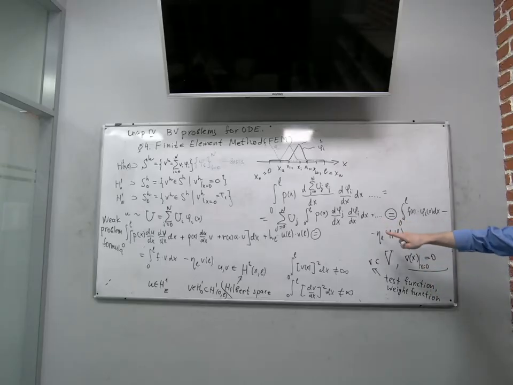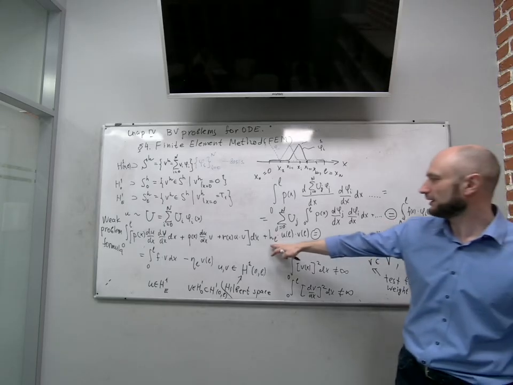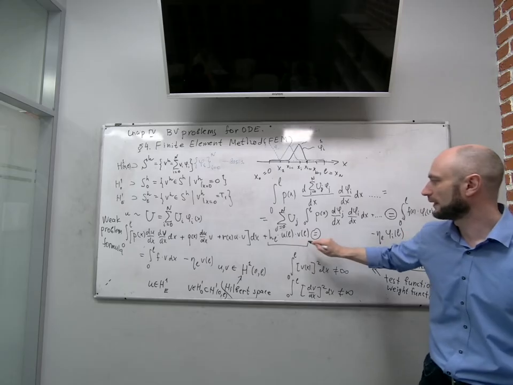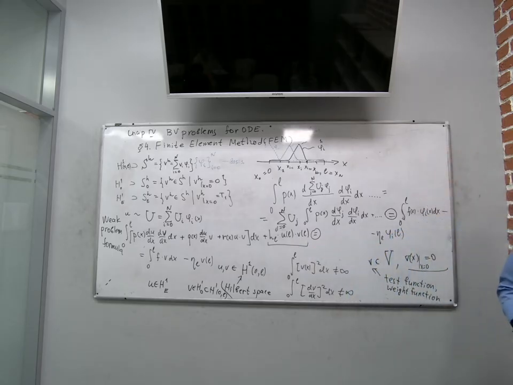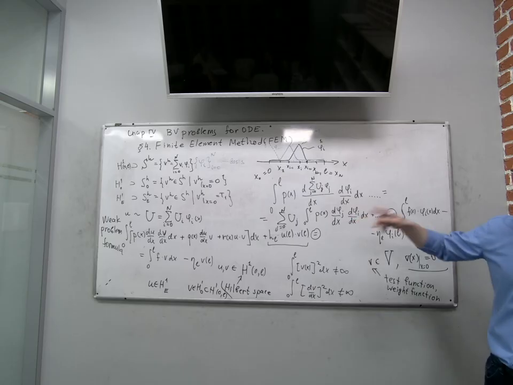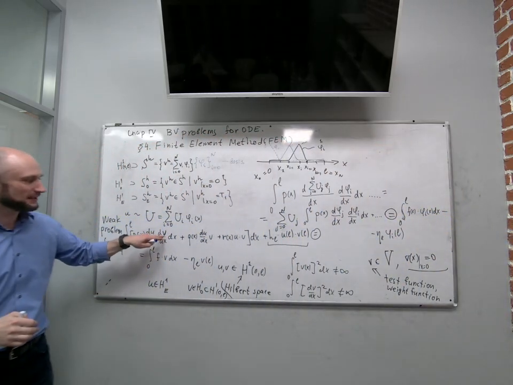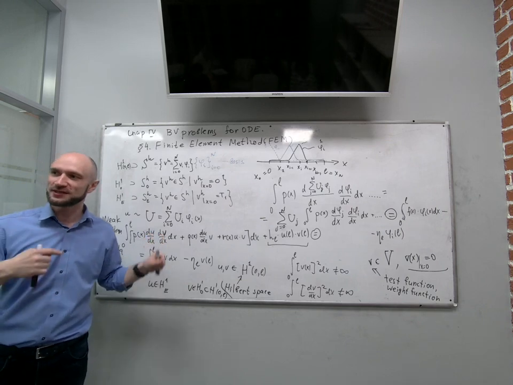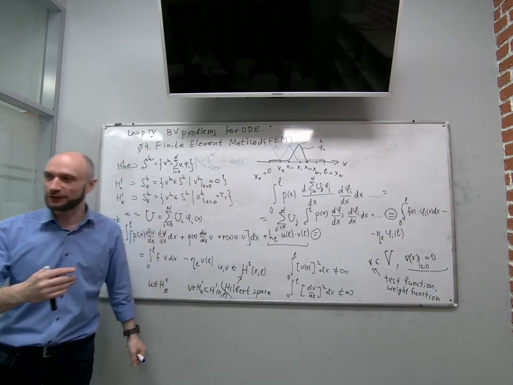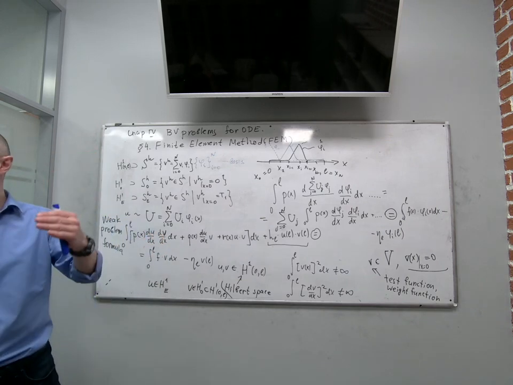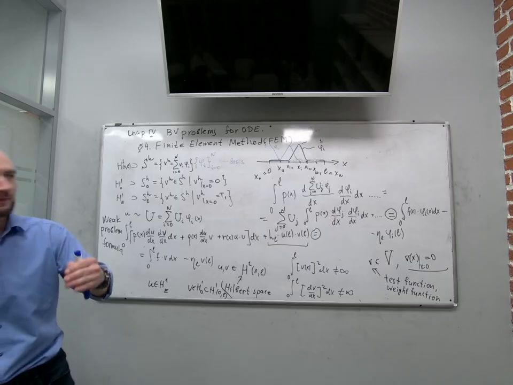And one important thing that I have to take care of is this term. But phi i of L is not, what do you say? Phi n. No. Zero. Let's recall what I've said. I'm putting my basis functions into this equation instead of v everywhere, one by one, and I'm getting many equations.